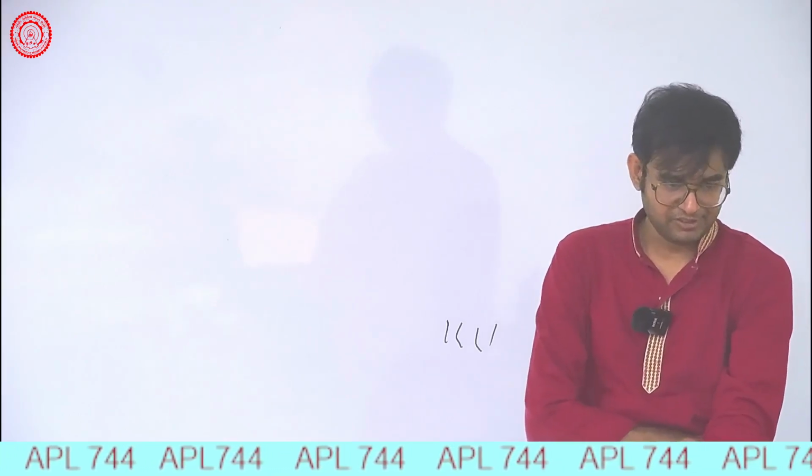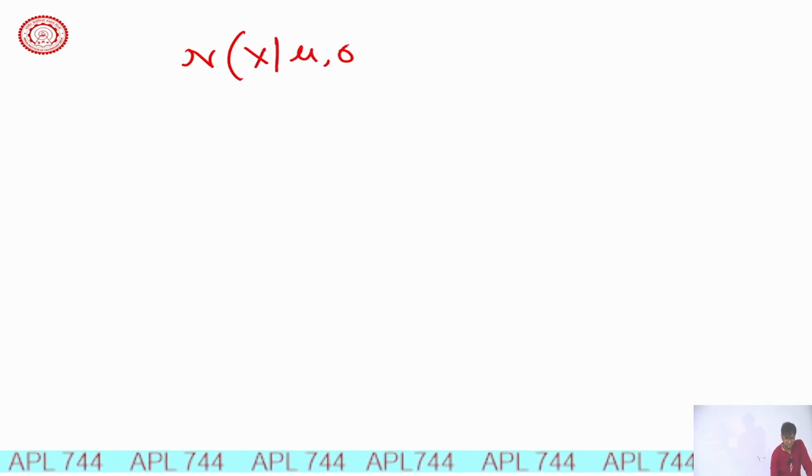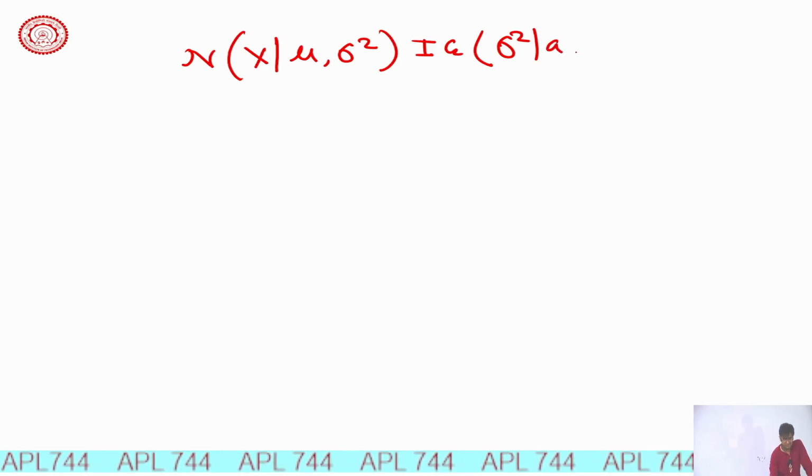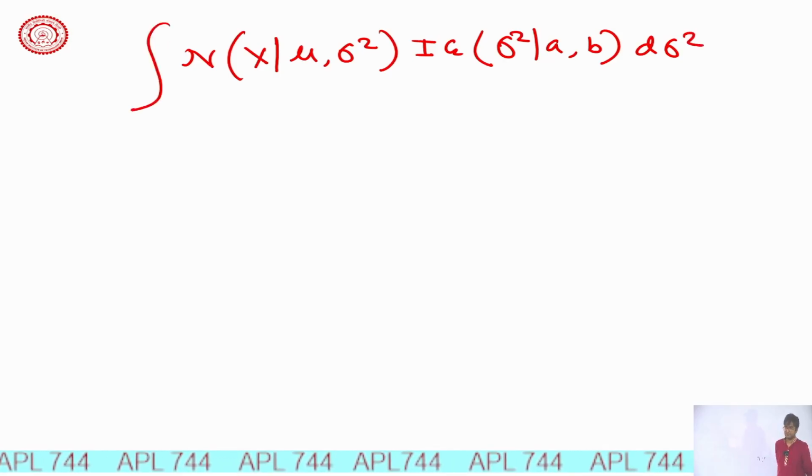So you have something like a Gaussian over, let's say, x given mu comma sigma square, and then inverse gamma over the sigma square with some parameters a comma b, and then you integrate out sigma square.